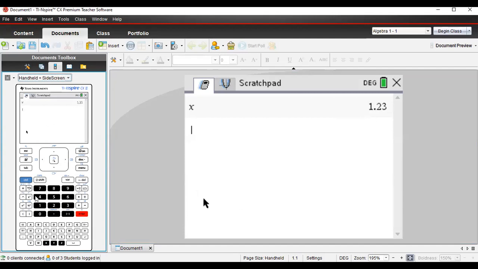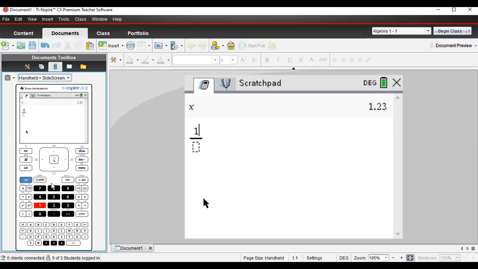So the expression was 1/3. Control divide.